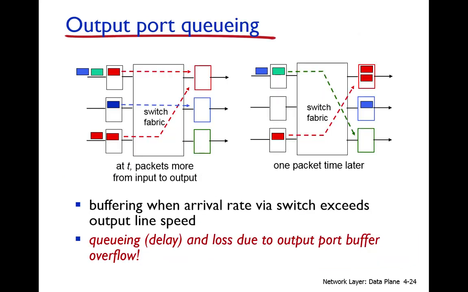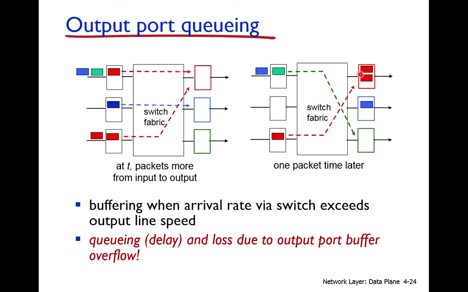Now, when the queuing occurs at the output port, for example, you can see that this is the packet arrival rate at the input port. So the packets are also buffered in the input port. Similarly, here you can see that this output port receives two packets, so these are stored in the queue.